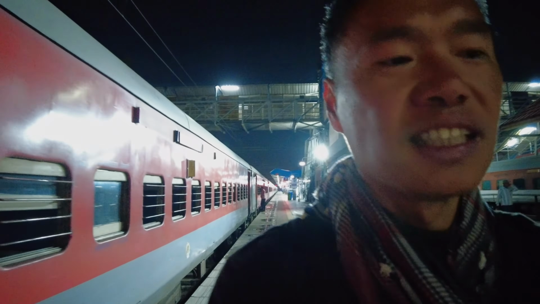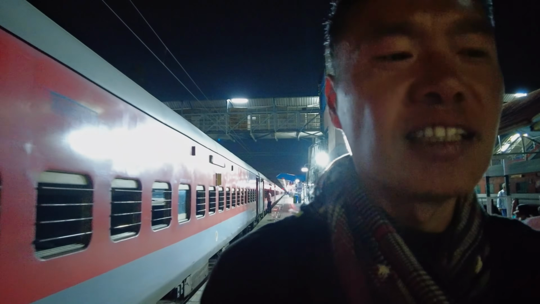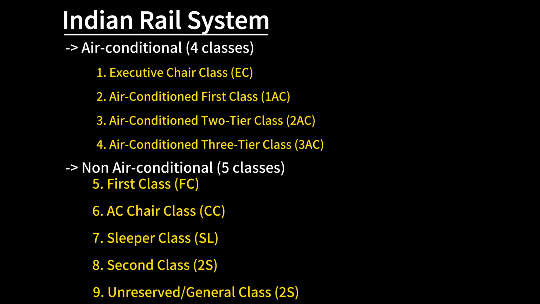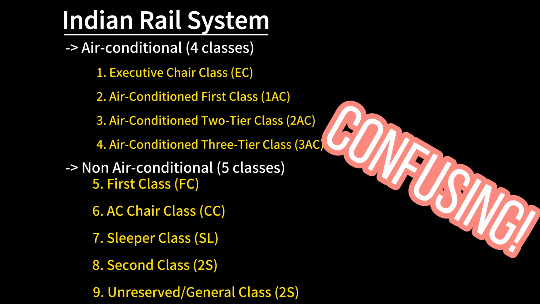Sleeper class is equivalent to the 3 AC, except that it has no air conditioner. And 2S, that's second class. Within 2S, there are 2 classes: one is the second class and the other one is the unreserved general class.